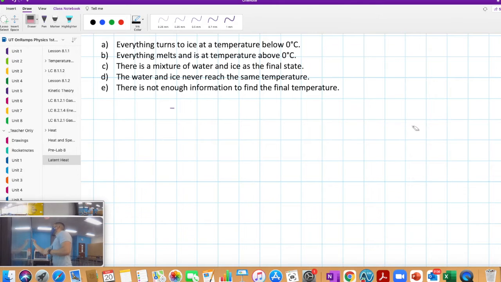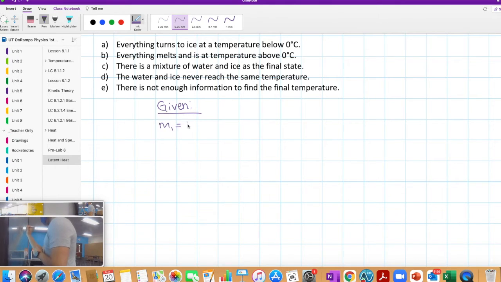Let's start with our given, now that we know what is our first step, knowing how much energy we need to melt all of the ice. So given. We have mass 1, which is 1.0 kilograms. The board doesn't like me today.